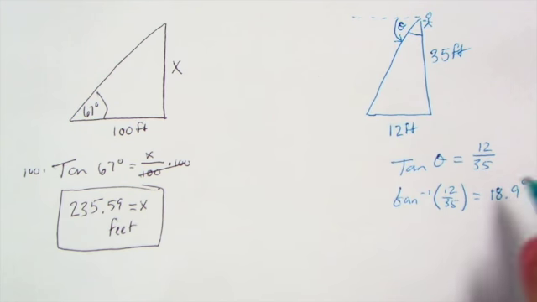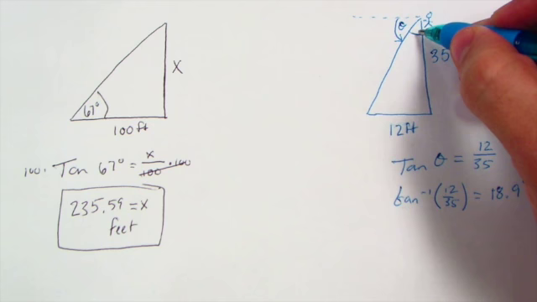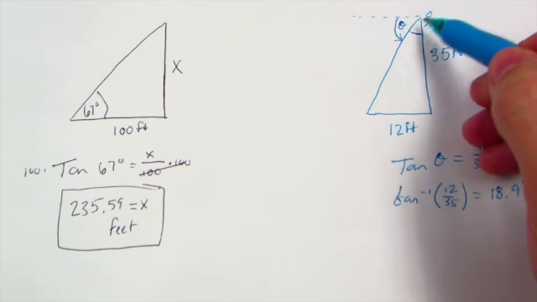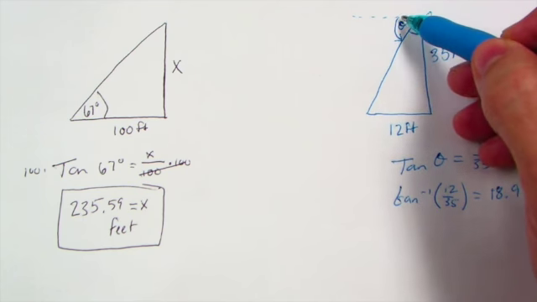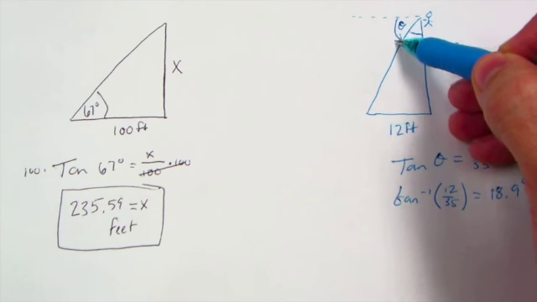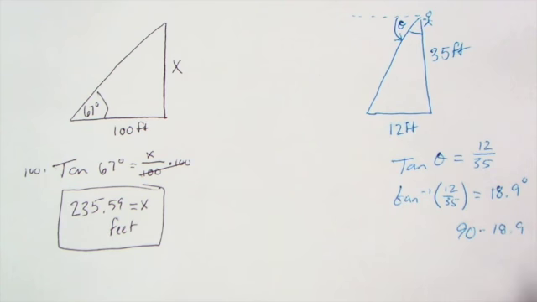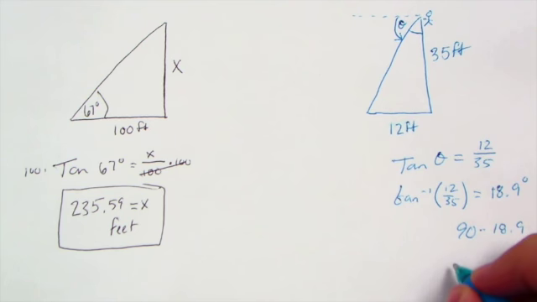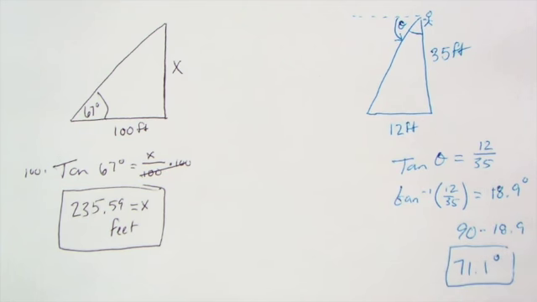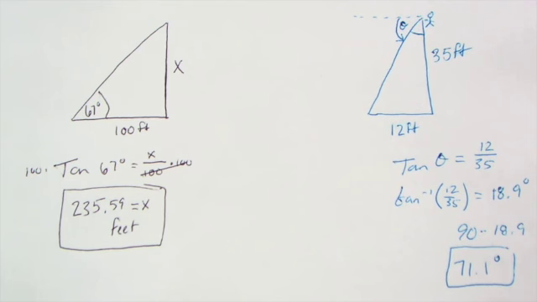All that means is this angle is 18.9 degrees. But the angle I'm actually looking down is this angle of depression here. So all I need to do is 90 minus that angle. And I get the angle of depression is 71.1 degrees. And I'm looking down. And that's it.